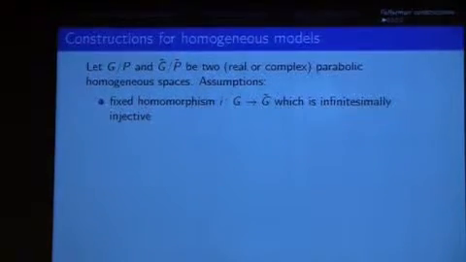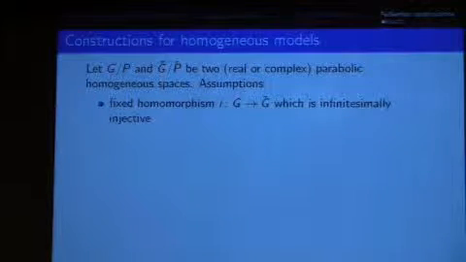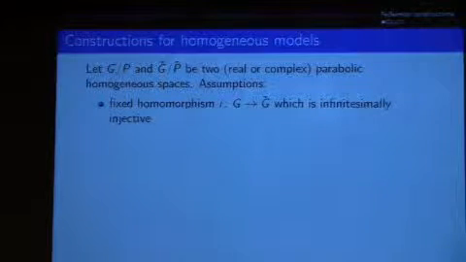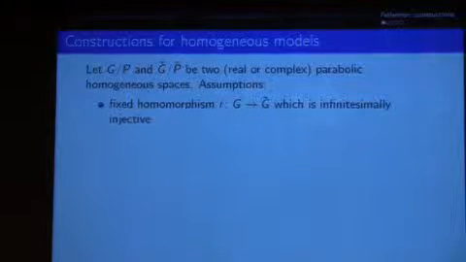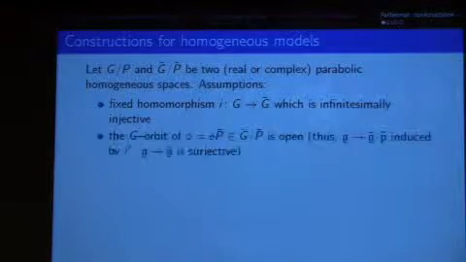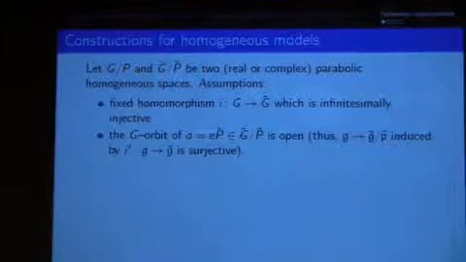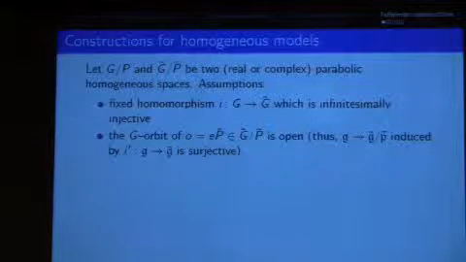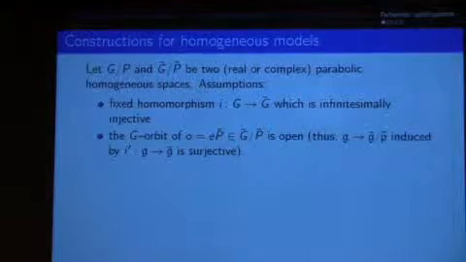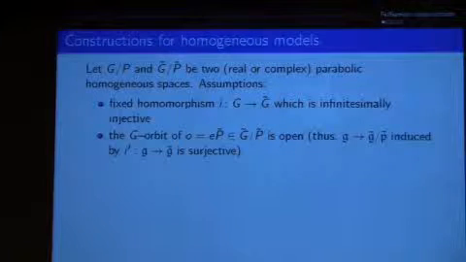So you just want to embed the G into G tilde, I will call G the small one and G tilde the big one, in such a way that the embedding would be infinitesimally injective. You want to have a nice way how the G orbit of the beginning of the new space, what I will be calling bigger space, is behaving.